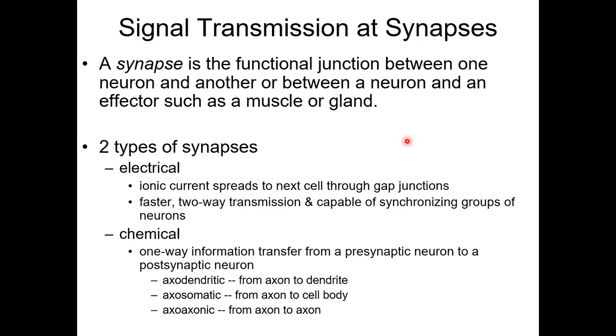So this idea that a neuron needs to pass the nerve impulse onto another neuron is very common in our nervous system. This is the third bread and butter type of action inside our nervous system, and so this is the topic of the third lecture. How do neurons pass a nerve impulse onto another neuron?